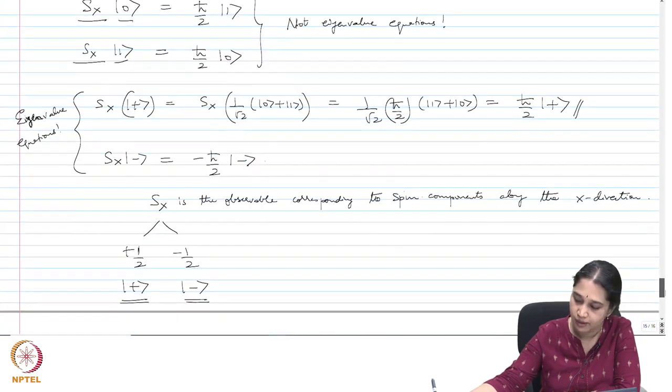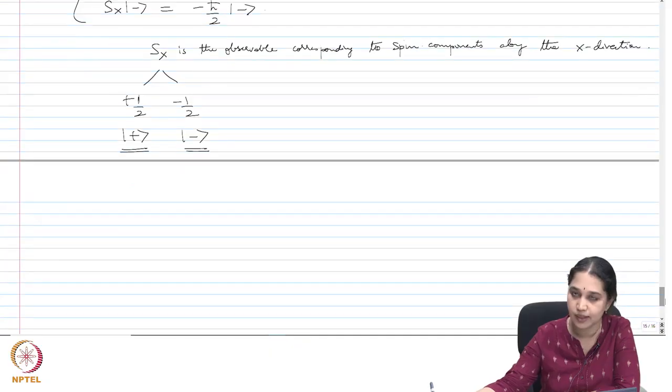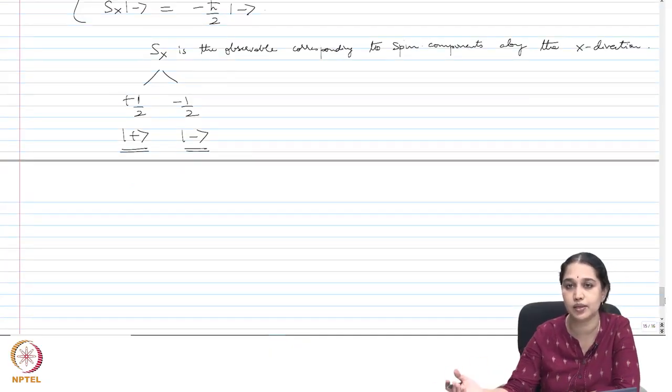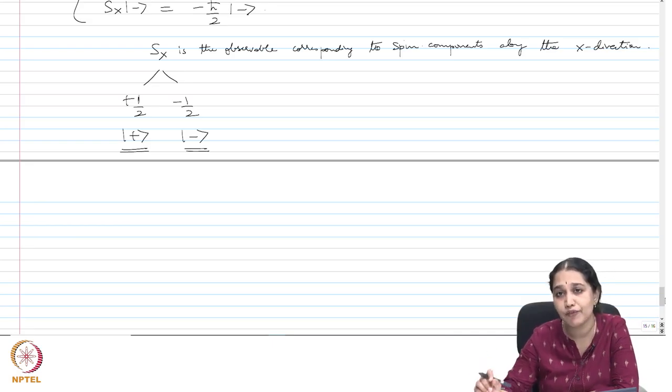Alright, so we have given examples to illustrate the second postulate, namely how observables can be associated with Hermitian operators. The values that the observables can take are associated with the eigenvalues of these Hermitian operators, and the corresponding eigenstates correspond to states with definite values for that observable.